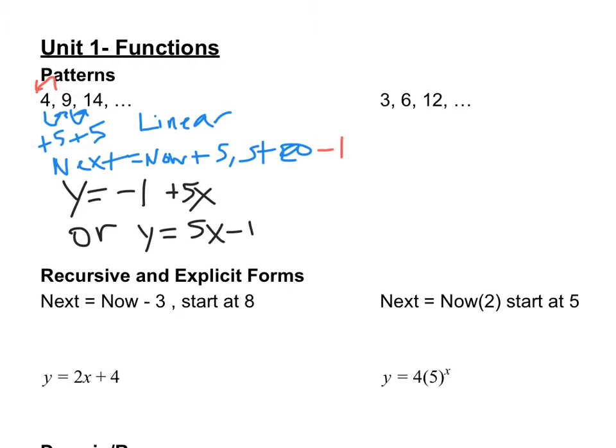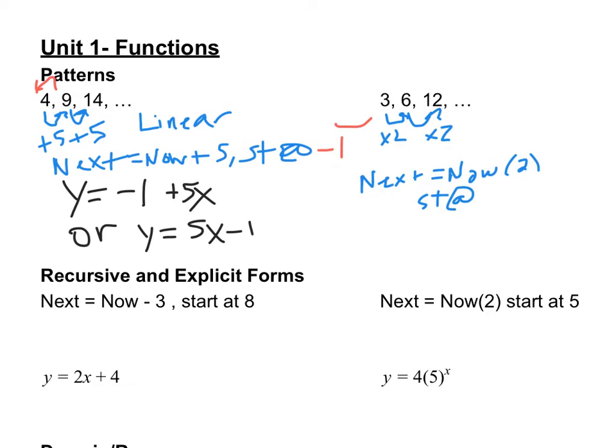Looking at the next pattern, how do I go between the numbers? 3 to 6 and 6 to 12. So 3 to 6 is times 2, and 6 to 12 is times 2. So next equals now times 2, start at, this is where we had to go back again.